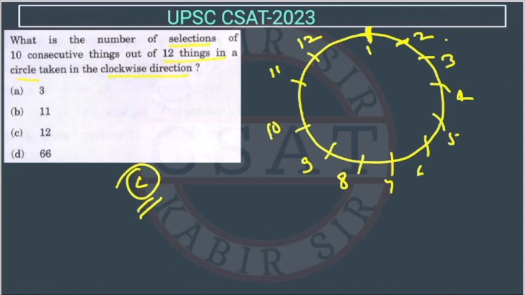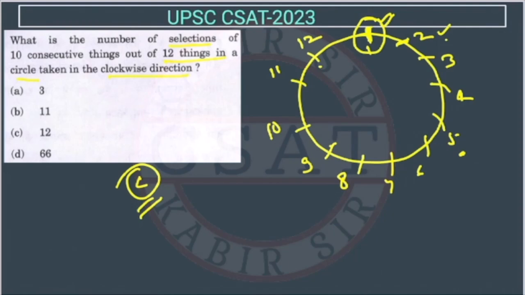If we select 5, then we'll go till 2. In this way we will keep going and we will reach 12. If we move after 12, we will again reach the point we already started from.